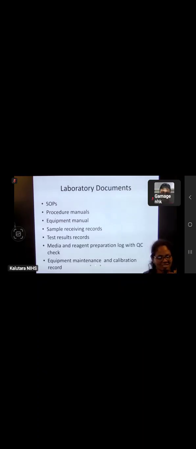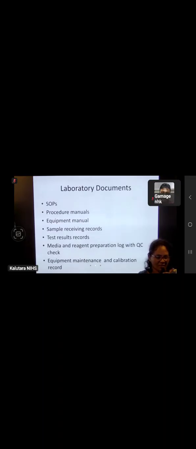SOPs, do you use SOPs in your laboratory? And procedure manuals, manuals for different test procedures, you may be having. Equipment manual, when you receive an equipment, there is a manual. Sample receiving records.